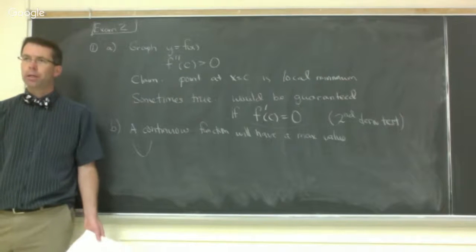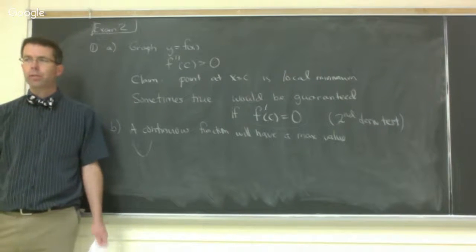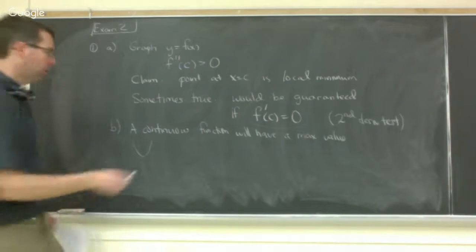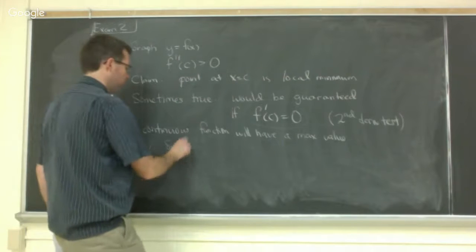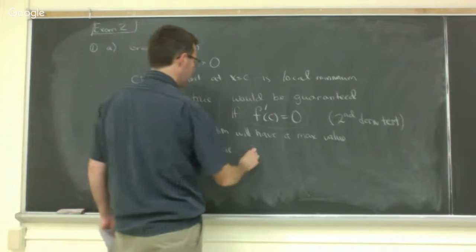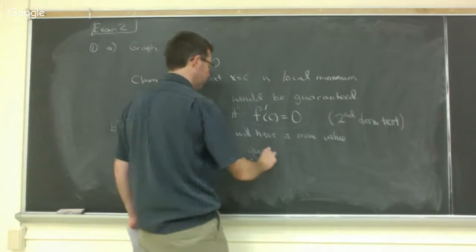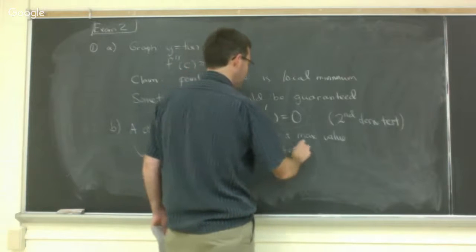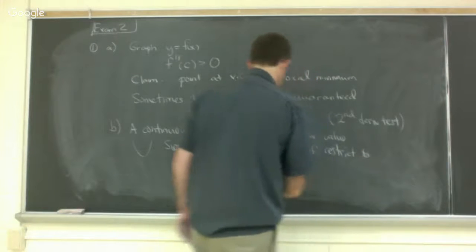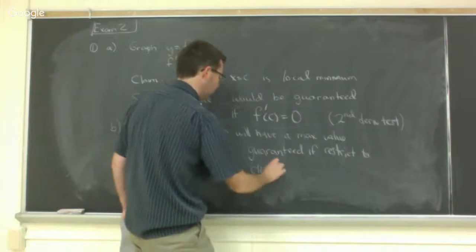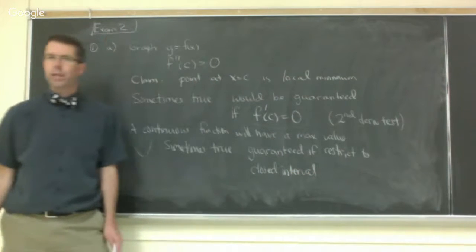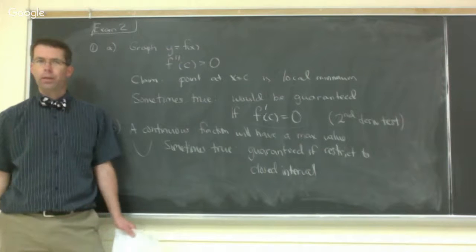But are there continuous functions for which we do know that there's a maximum value? If we're restricted to a closed interval. So this is sometimes true, and it's guaranteed if we restrict to a closed interval. So what theorem was that that lets me know that if I have a continuous function on a closed interval?